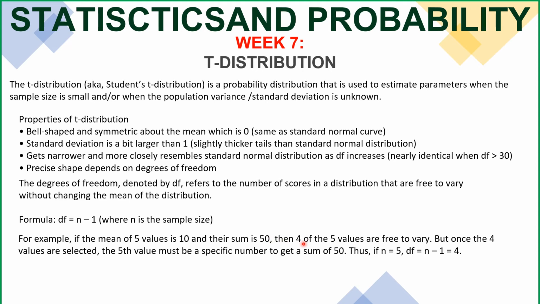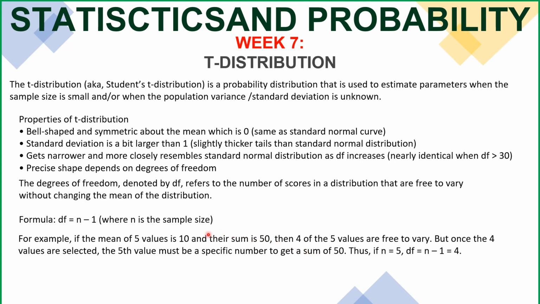So, meaning, 4 out of 5, kasi yung degree of freedom natin, nakuha natin is 4, right? Meaning, kung degree of freedom is 4, yung 4 na values na yon, pwedeng iba-iba sila ng number, bahala sila kung anong number yung gusto nila, pero yung isang value na yon, yung pang fifth value, kailangan specific number siya para makakuha tayo ng sum na 50.